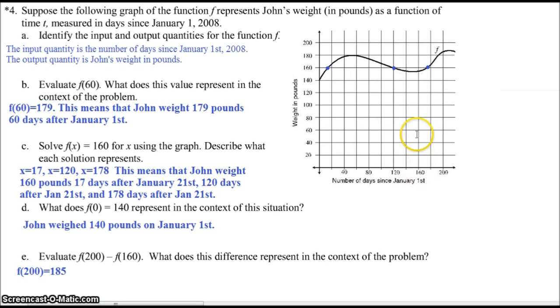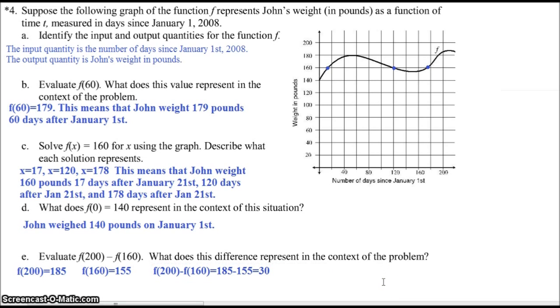When the input is 160, the output is just below 160, maybe about 155. So next we can calculate the difference. F of 200 minus f of 160 equals 185 minus 155, or 30.